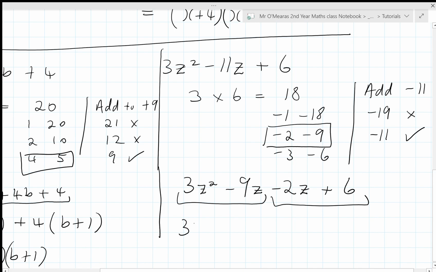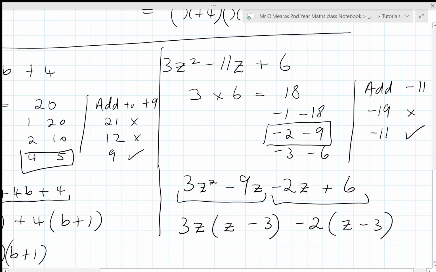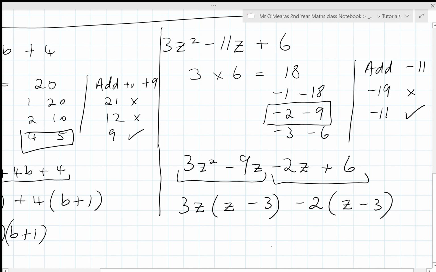The highest common factor is 3z, times z minus 3. For the next pair the highest common factor is minus 2. And we know this next thing must be z minus 3 if everything is going okay. So 3z times z minus 3 minus 2 times z minus 3. So our final answer is 3z minus 2 times z minus 3.